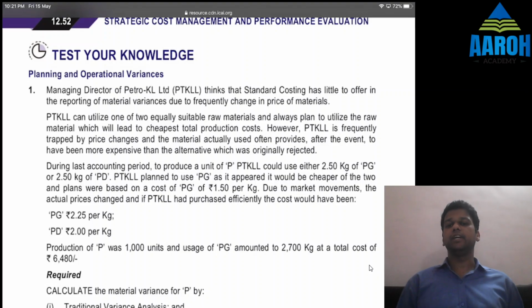During the last accounting period, to produce a unit of P, PTKLL could use either 2.5 kg of PG or 2.5 kg of PD. Okay, they had two raw materials, PG or PD, equal quantities required. PTKLL planned to use PG as it appeared it would be cheaper of the two, and plans were based on a cost of PG of 1.5 rupees per kg.